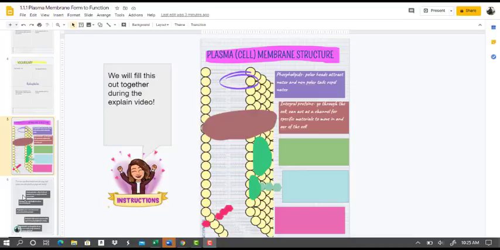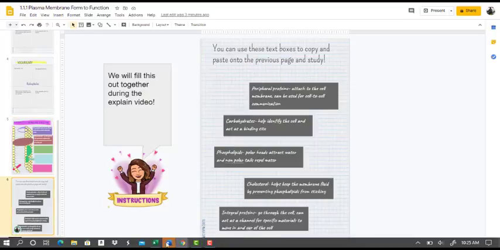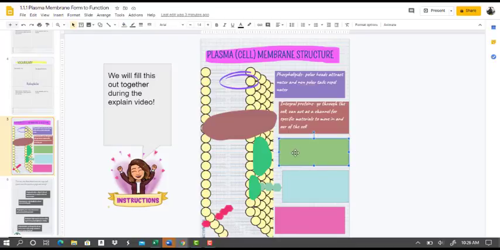If we go down to our second slide, we can pull the name and definition for peripheral protein. Copy that, put it in our green box for peripheral protein, used for cell-to-cell communication. And then related to that is a carbohydrate. So this aids in cell-to-cell recognition, so you recognizing cells and cells basically sticking together.